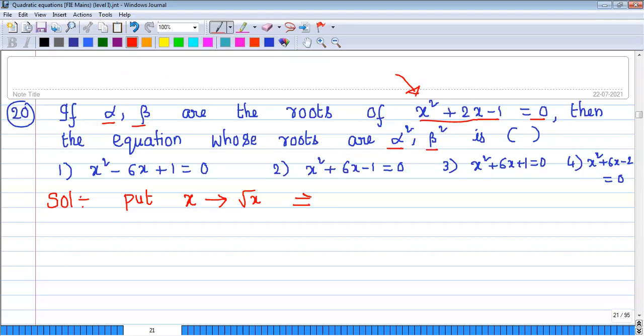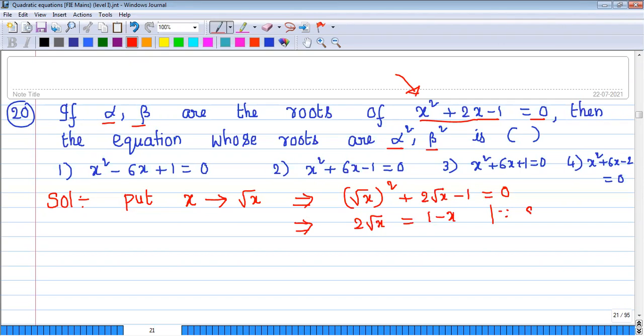So you get root x whole square plus 2 times root x minus 1 equals 0. Here we get 2 root x equals, root x whole square is x, so 1 minus x.